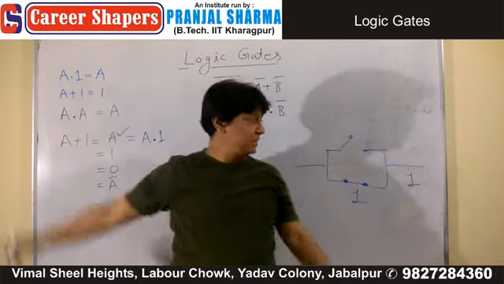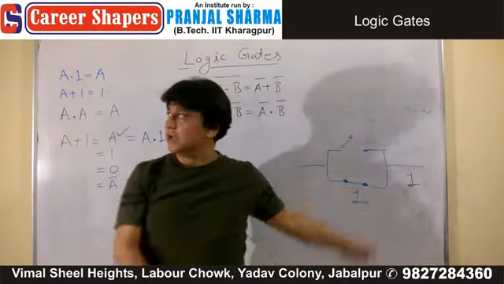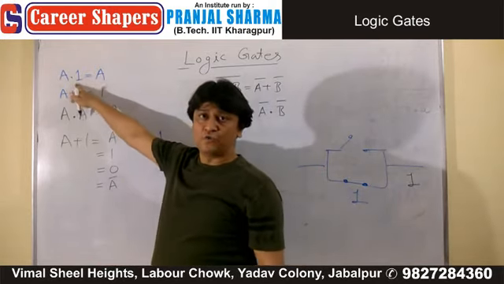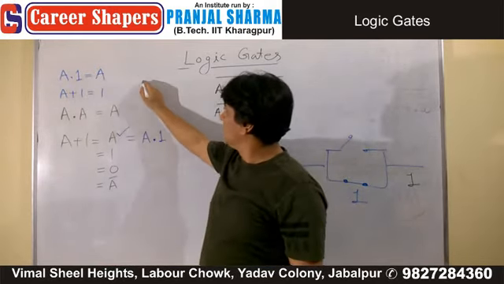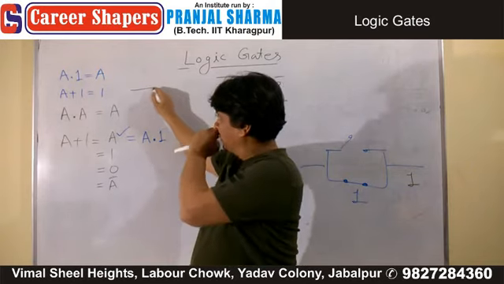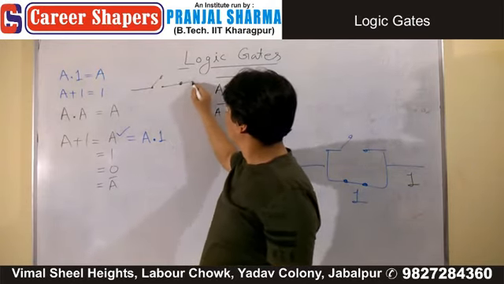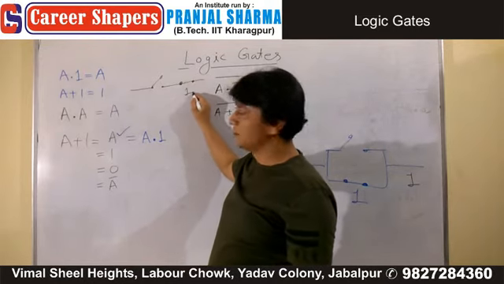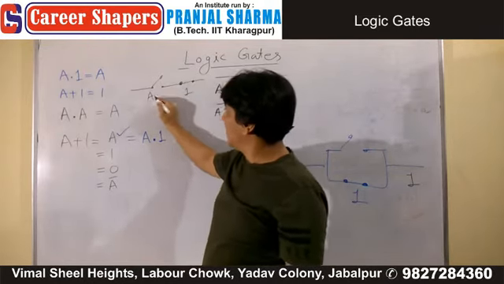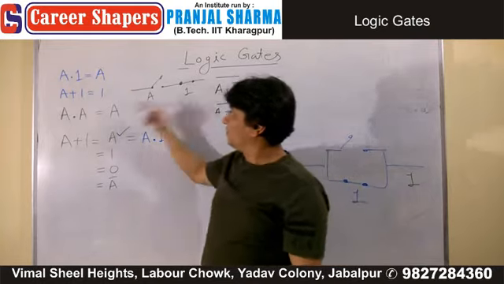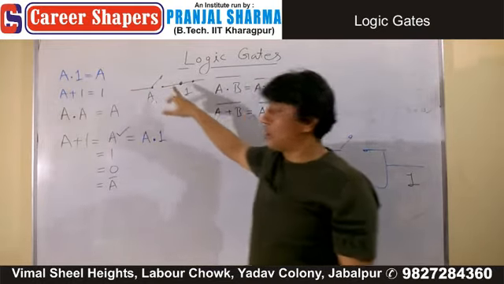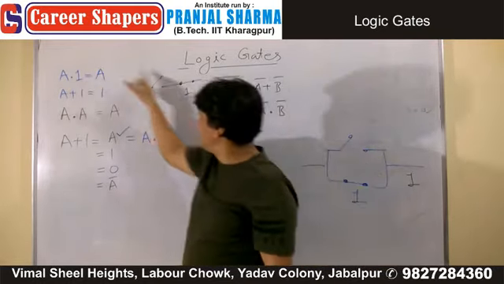This figure is this. Similarly, you can go for A dot 1. It gives you this. This is 1. This is A. That's your A dot 1. That's your AND gate.